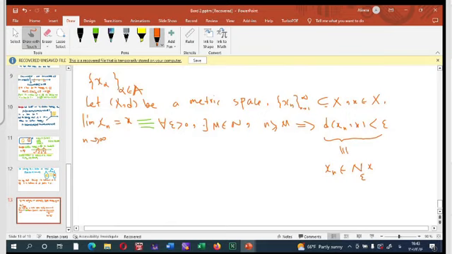So for any neighborhood of x, there exists a natural number such that if n greater or equal m, then xn belong to the neighborhood, and we see that this definition is exactly a generalization of the limit of sequence in metric spaces.